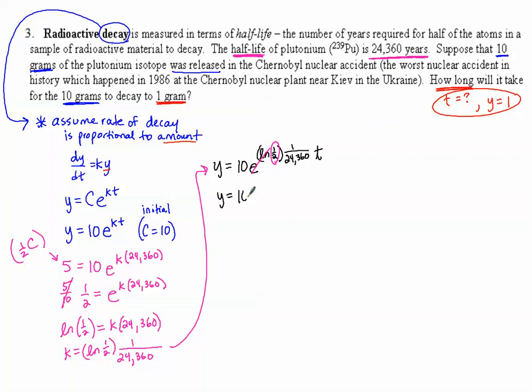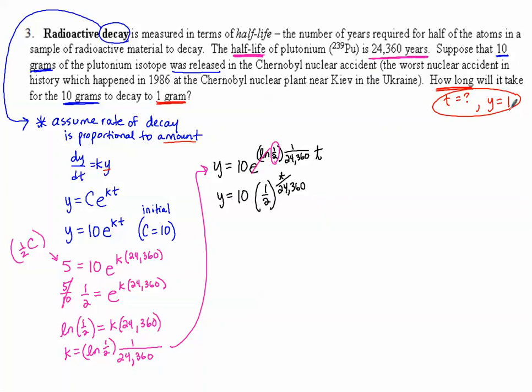Y equals 10 and then 1/2 to the t over 24,360, a little simpler. Now I don't have to do the simplifying because ultimately I will have a calculator, but still typing it in the calculator, it's going to be easier if there's less stuff to type. So here's my equation.